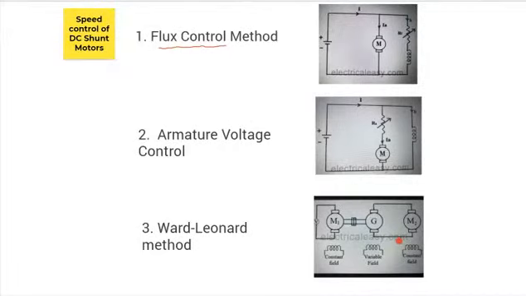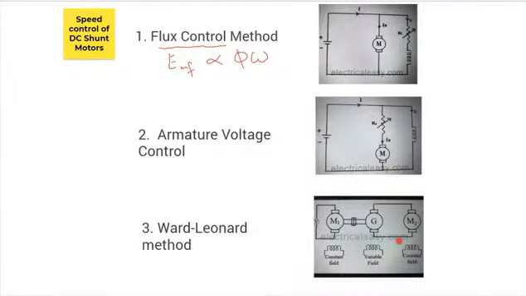So you have to first recollect what your EMF equation is. EMF equation of DC shunt motor is proportional to your flux and your speed, right? I suppose you can recollect this formula or the concept of how the EMF was derived, flux into your speed.